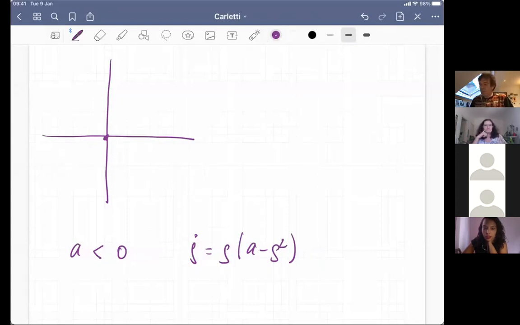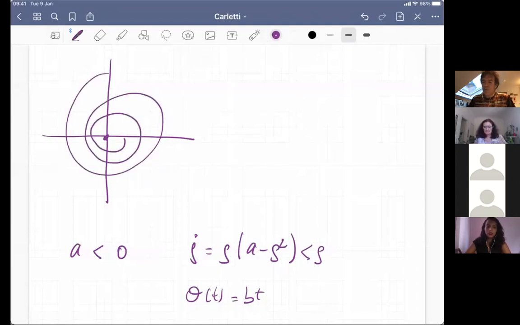So this quantity is always smaller than rho. So this means that whenever you start in the complex plane, you shrink to the origin. So everything shrinks onto the origin. At the same time, it rotates around at some speed b t. So if a is negative, we are doing spirals towards the origin. So the origin is the stable global attractor.